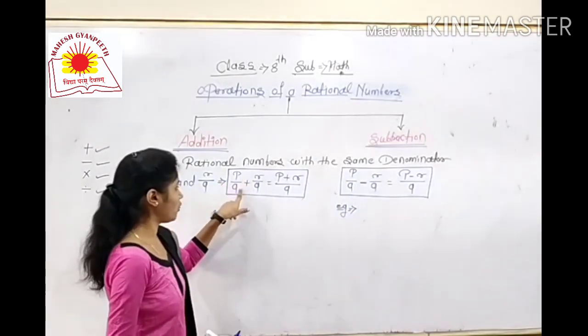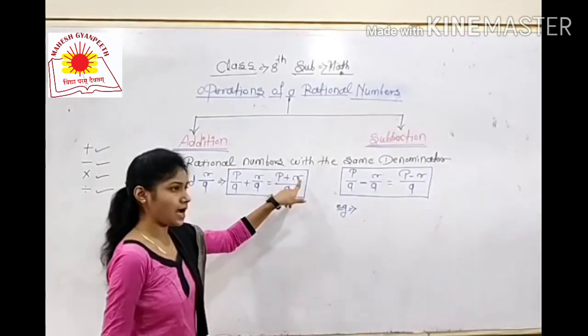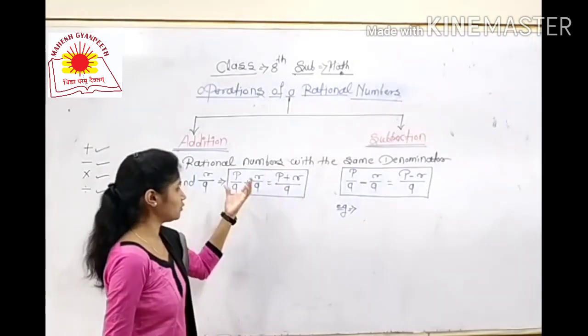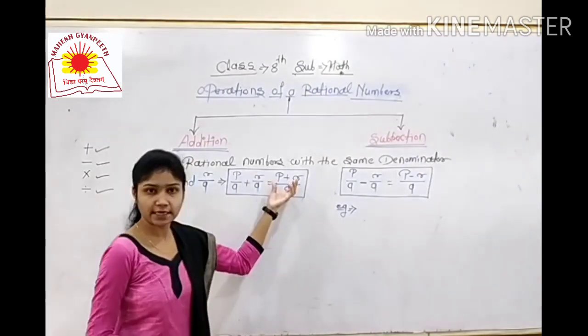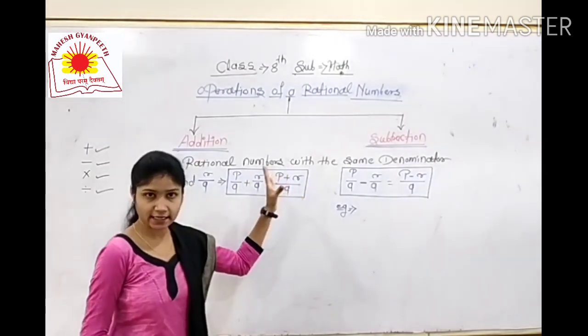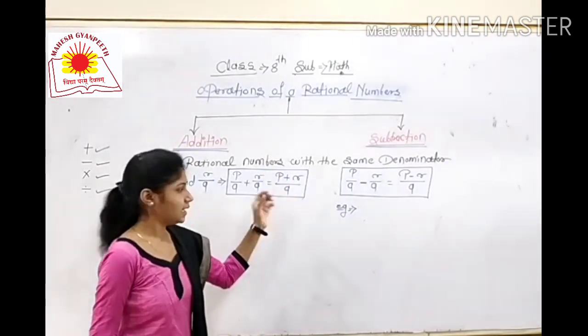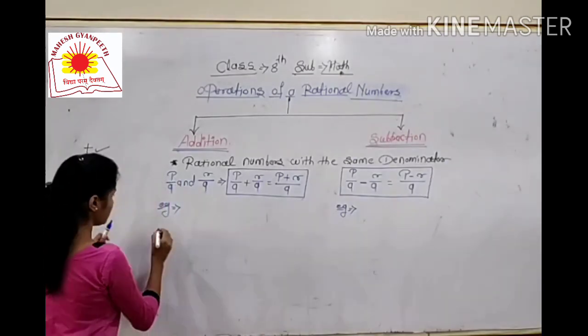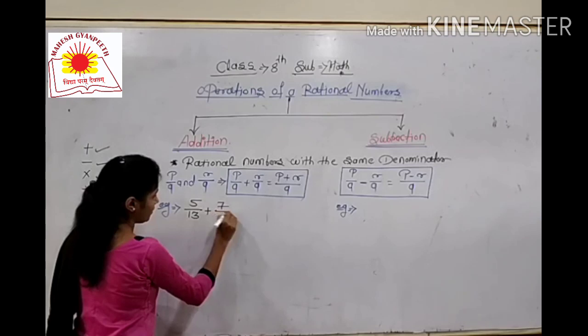Then P upon Q plus R upon Q is equal to P plus R upon Q. This means that when you are given rational numbers with the same denominator, you add the numerators directly. For example, 5 upon 30 plus 7 upon 30.